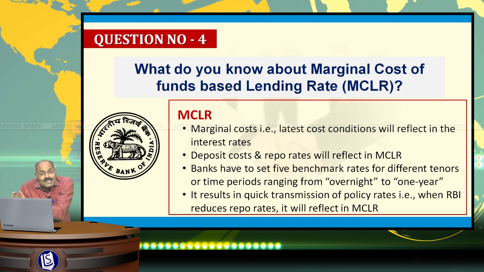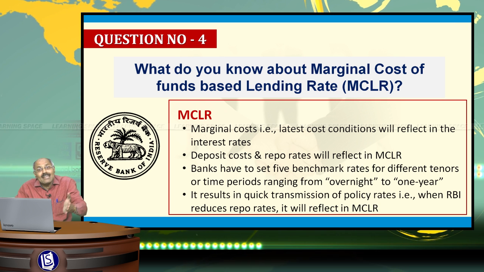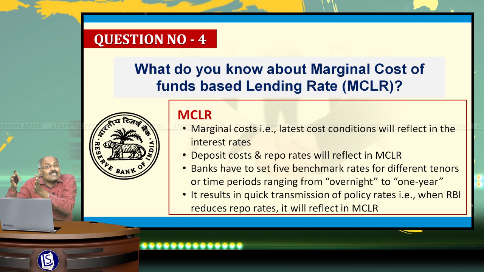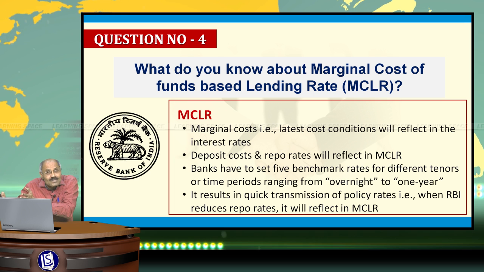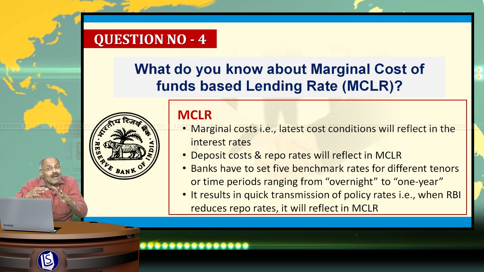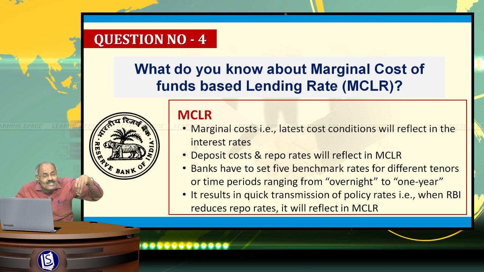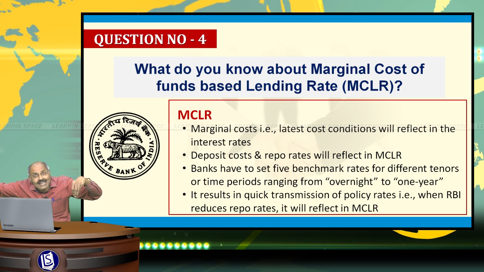So, this is the new mechanism where banks will have to calculate their lending rates based on tenor of 3 months, 6 months, 12 months, like that. Because of this, there will be better transmission of policy rates while banks are giving loans. That means when Reserve Bank of India reduces repo rate, it will be reflected in the marginal cost of lending rate.